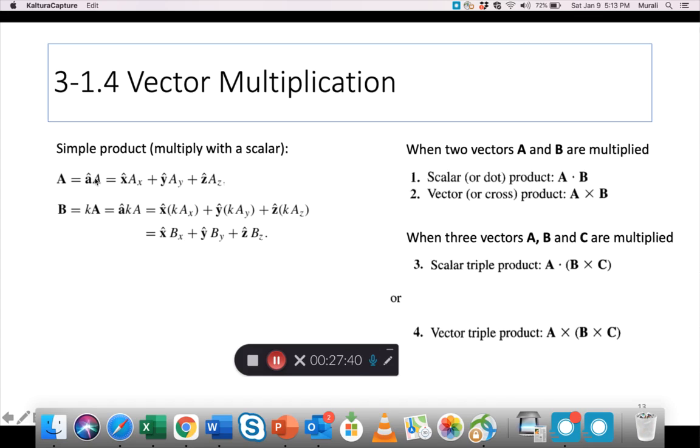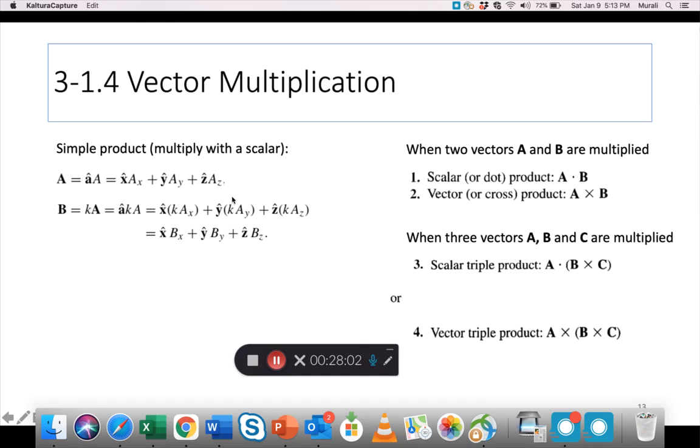So you have A, what is B, which is k times A? You just use that k, which is a simple number, and every scalar coefficient gets multiplied by that k, and then you write the whole result in vector form, and that's called a simple product.